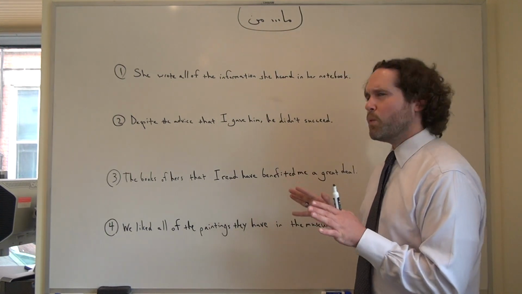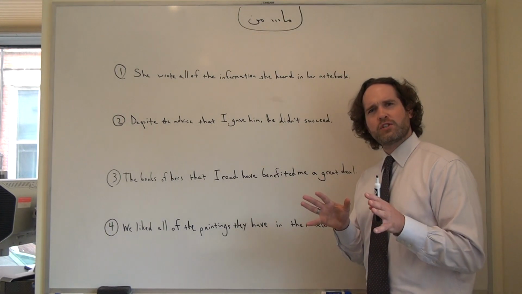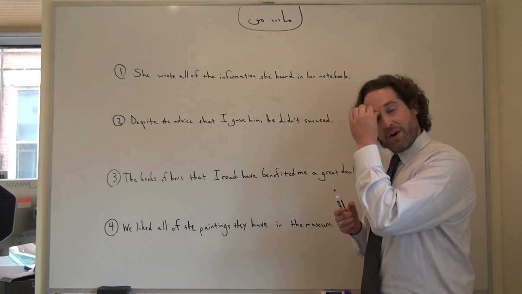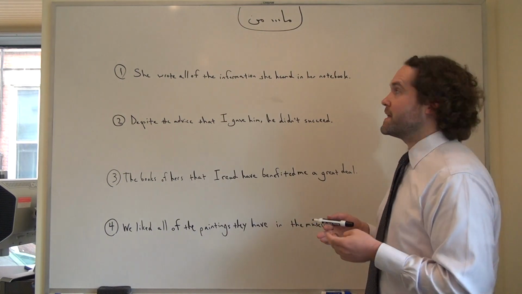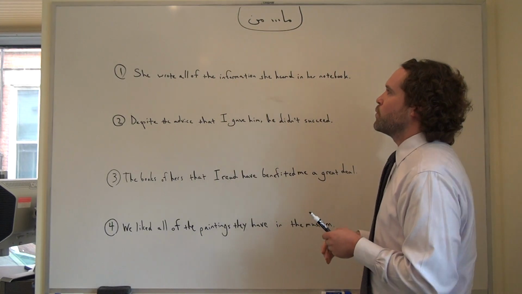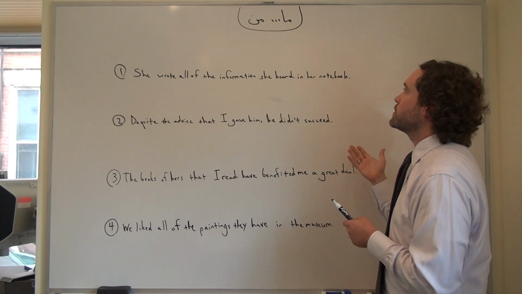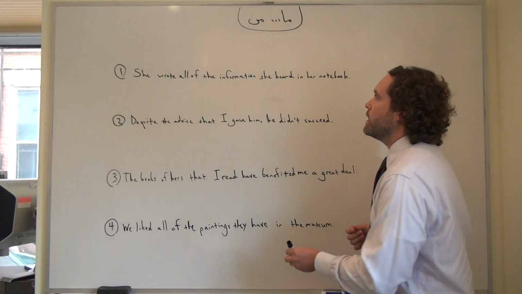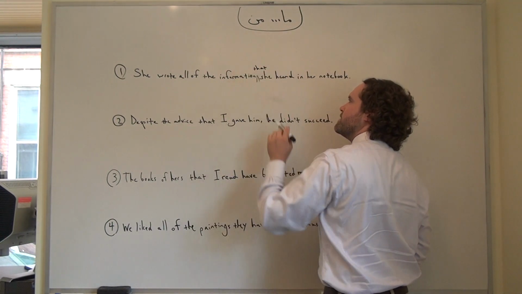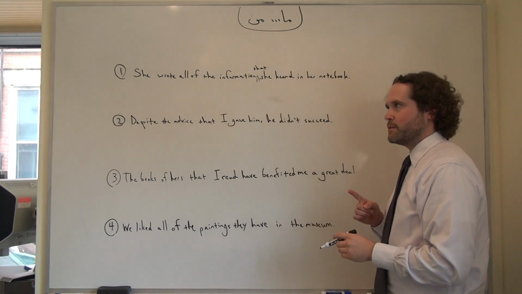So in order to create this structure, we often need to think in a slightly more convoluted fashion, or so it can seem in English. If we wanted to take sentence number one, she wrote all of the information she heard in her notebook, or let's say all of the information that she heard. That might come in handy a little bit later.